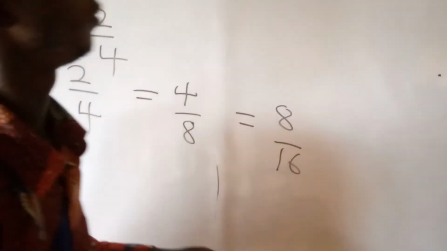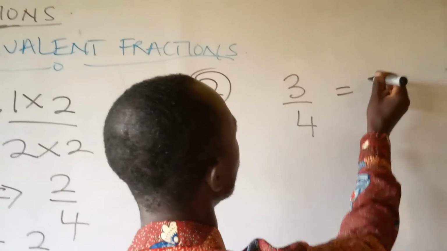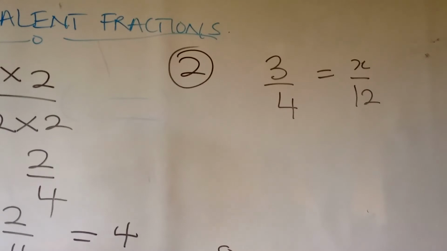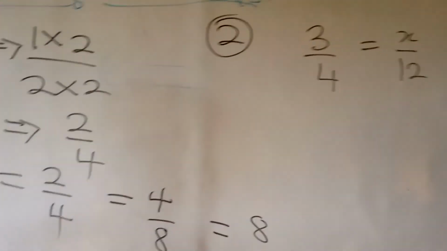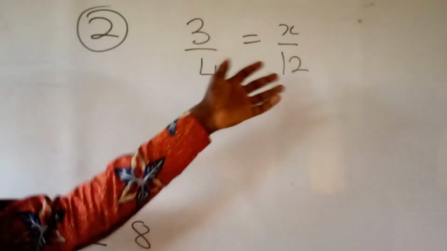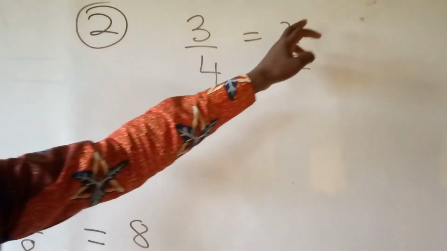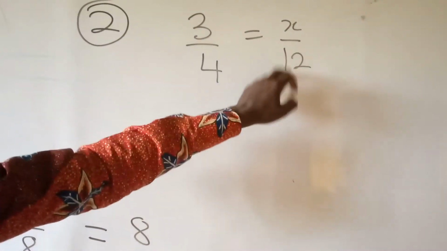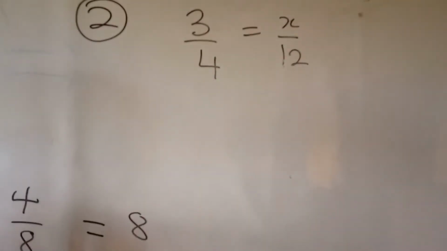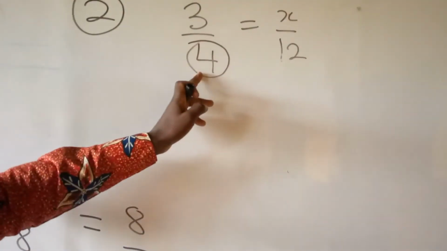Now, 3 over 4 is equal to x over 12. I can ask you to find the value of x. And once you are asked to find the value of x, this is an equivalent fraction. You see, we have 3 over 4 and x over 12. We have given you a value for the denominator. So what you must do is ask yourself, what number multiplied by 4 gives you 12?